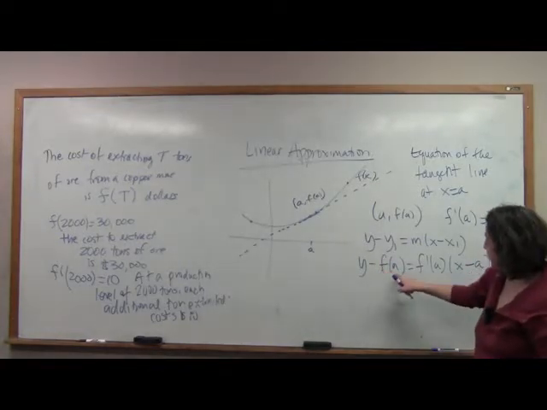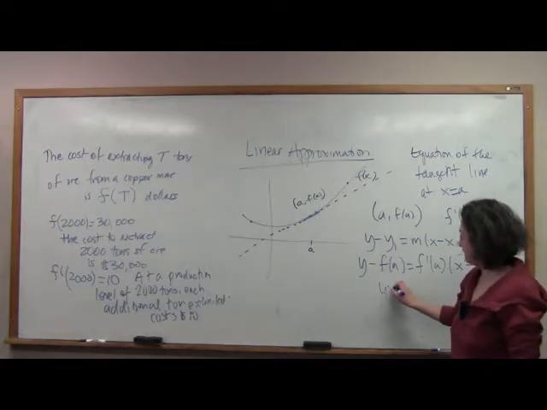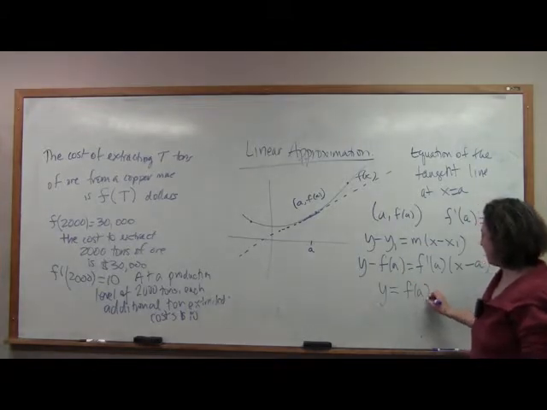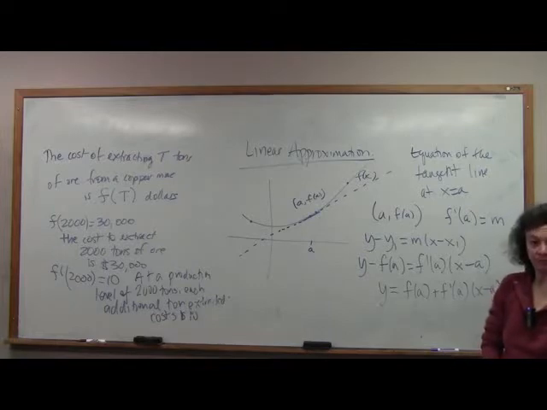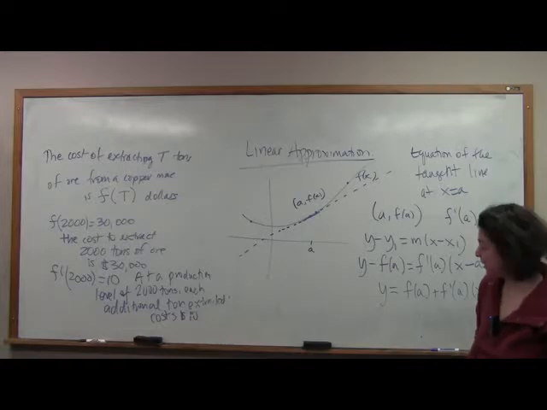So, scooting over the f of a, can't we say that y is f of a plus f prime of a times x minus a? That gives me the equation of my tangent line.